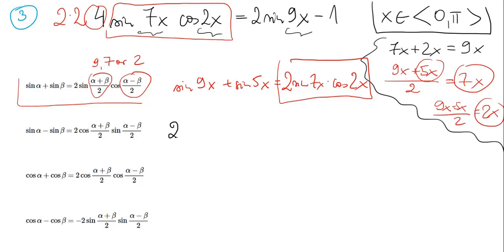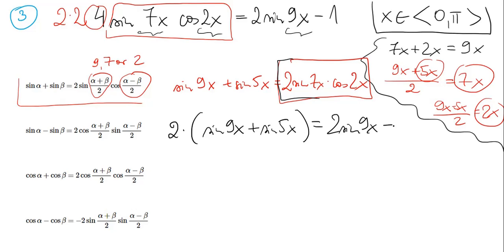Okay, so we have sine 9x plus sine 5x. I'm just writing here the formula itself. And then you can see that we can substitute 2 sine 7x times cosine 2x, and we get 2 times sine 9x plus sine 5x.